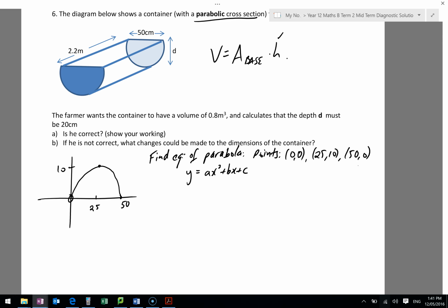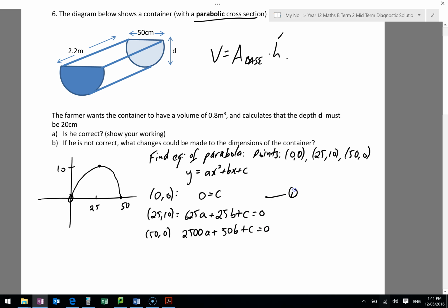So 0, 0 will give me 0 equals c. 25, 10 will give me 625a plus 25b plus c equals 10. And my final equation would give me 2500a plus 50b plus c equals 0.